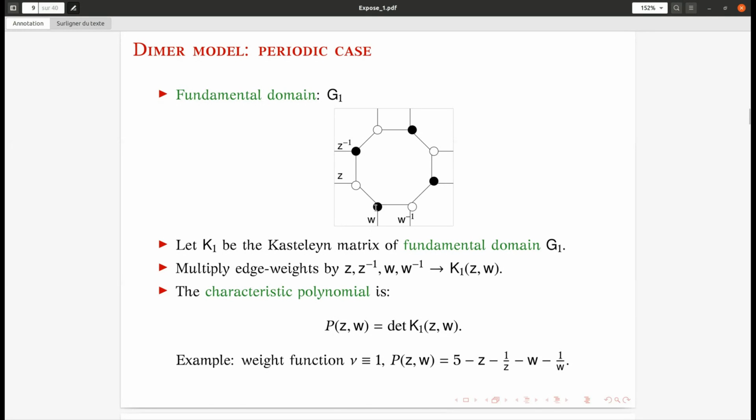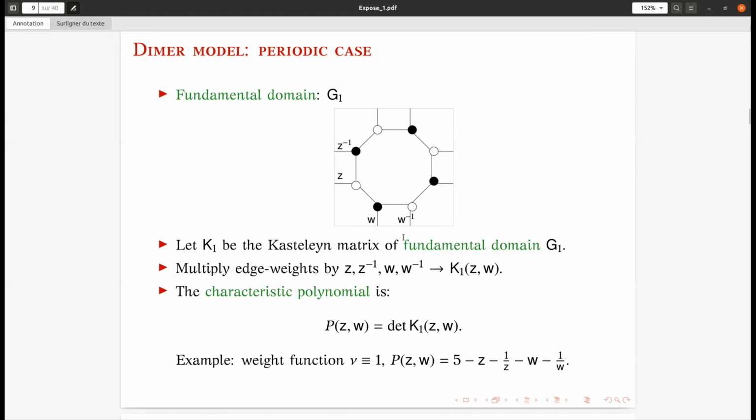And then what you do is you multiply the edges that cross these non-trivial cycles, one of them by w or w^{-1}, and the other by z or z^{-1}. And the choice between w or w^{-1} depends on whether you have a black vertex on your left, say your cycle is oriented in this direction, or a white vertex on the left, and similarly for z.